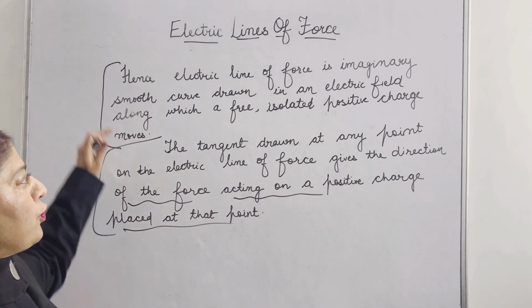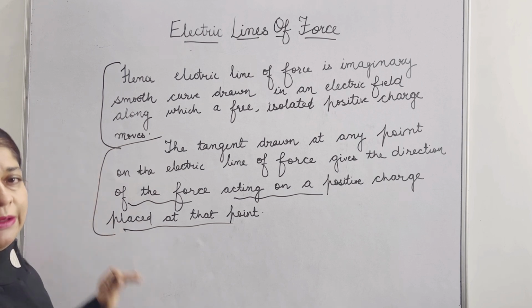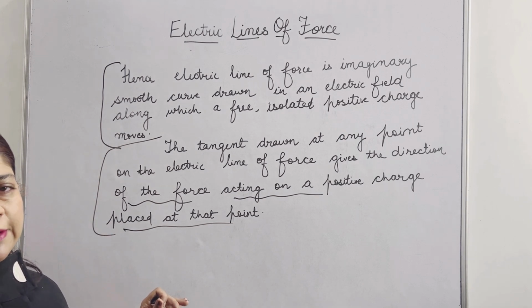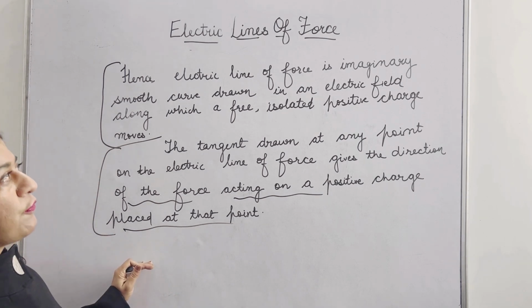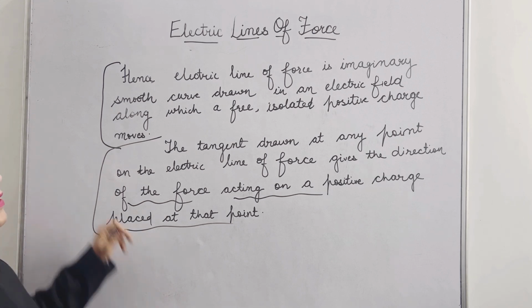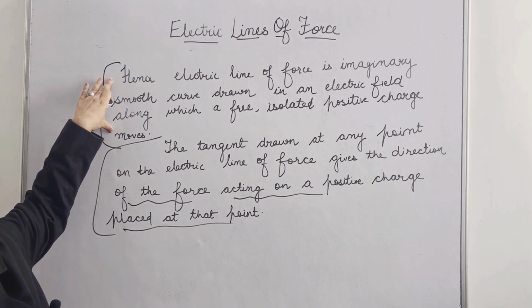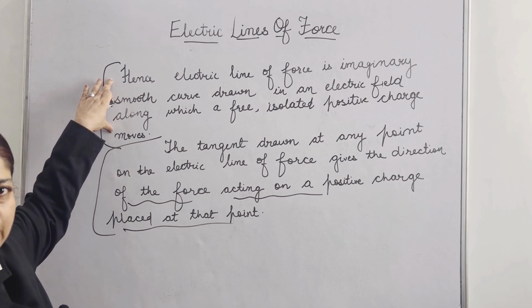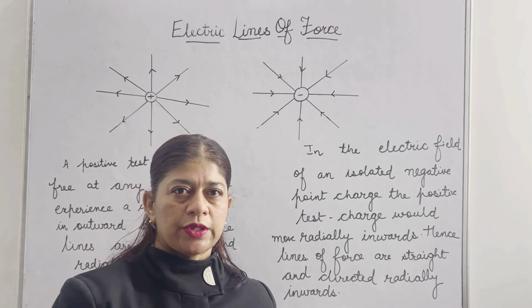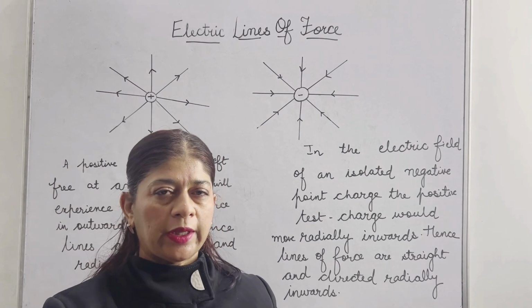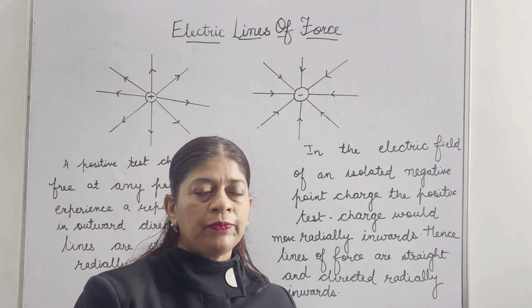So these are the two important things. Depending on these, we will have the properties of electric field lines, and with the help of this, we can find the nature of the lines of forces depending on what charge we have taken.